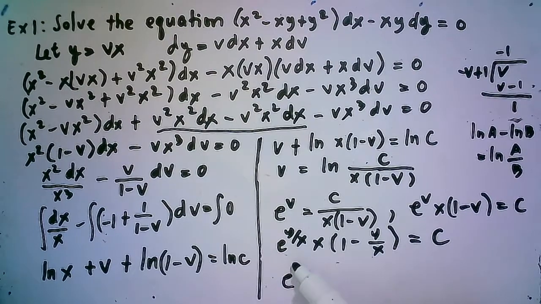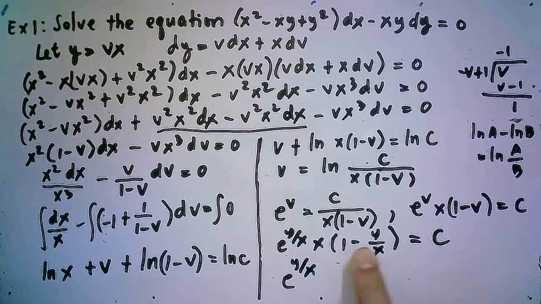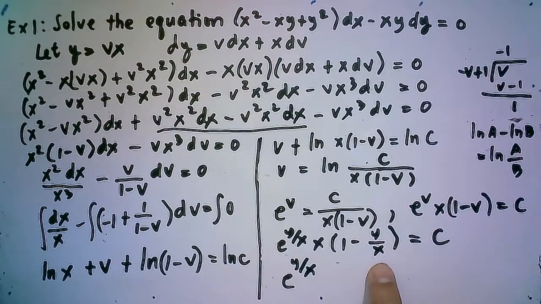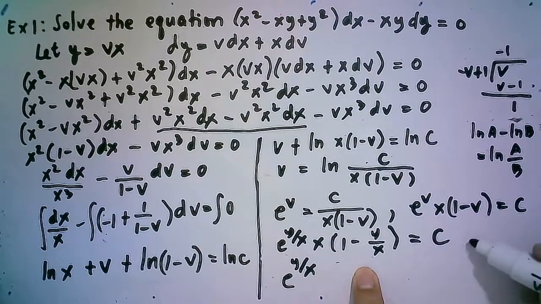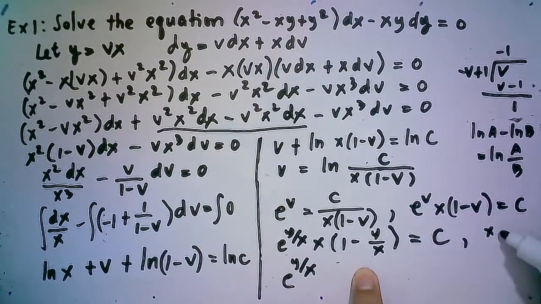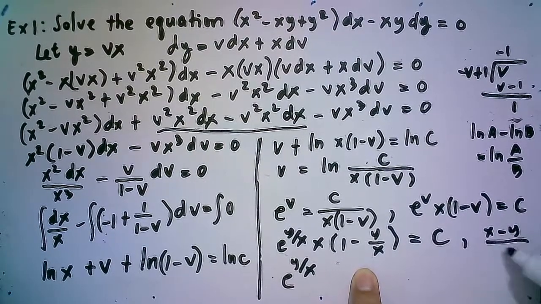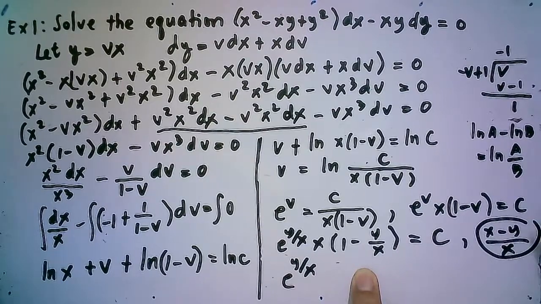So when we have our final answer, we have e to the y over x, and then we have x times 1, that becomes x minus y all over x. For this part, if I combine 1 minus y over x, x times 1 becomes x minus y all over x.